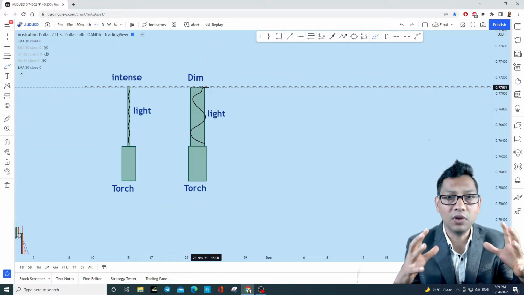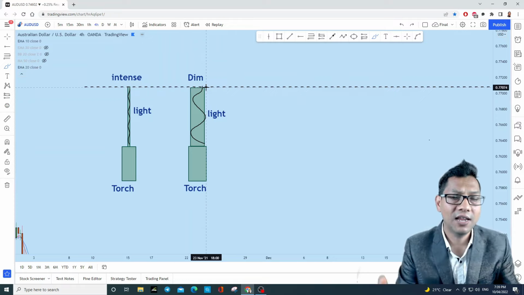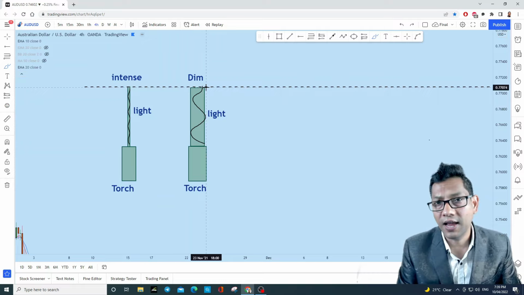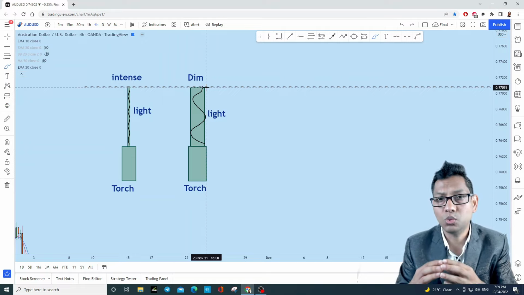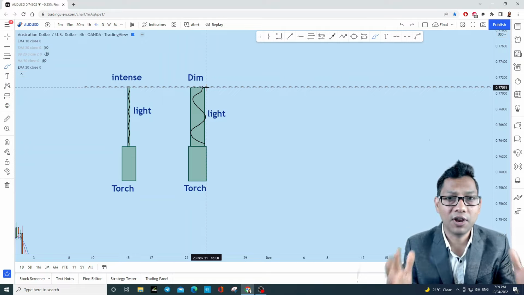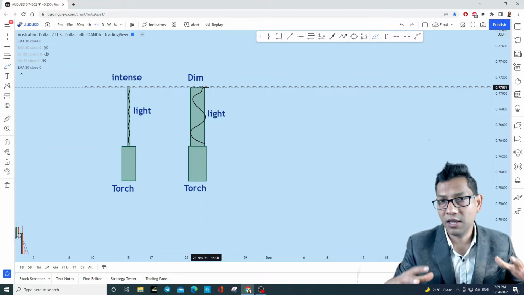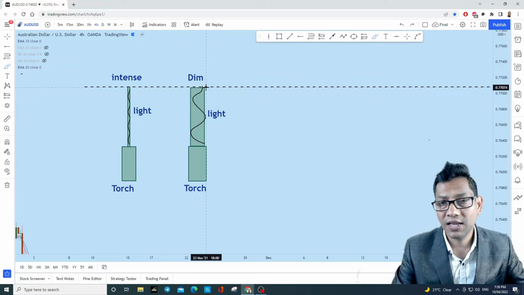So if you give yourself a bunch of confluences to look for, then our mind gets scattered and we cannot focus on the right thing, and we tend to make bad decisions. That is why when you are trading, you need to look for specific confluences. If you force yourself to look for more confluences, then what will happen?